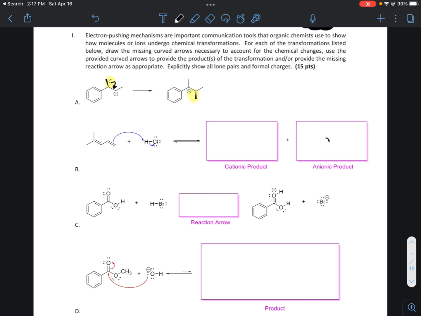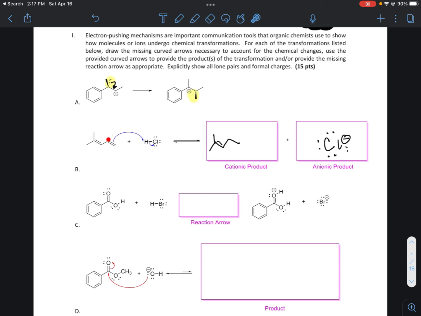So we know that chlorine is going to be a minus now. And we also know that we are going to pick up an extra hydrogen here. This hydrogen can go on this carbon or this carbon.